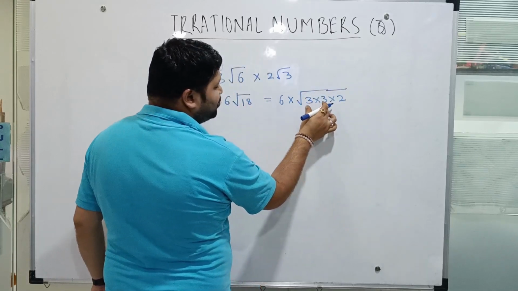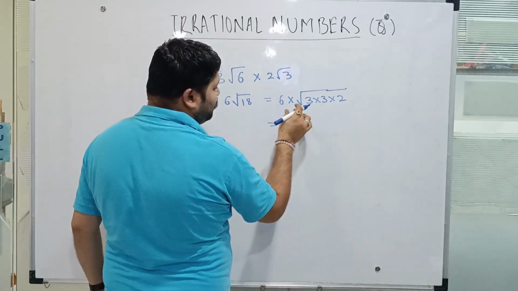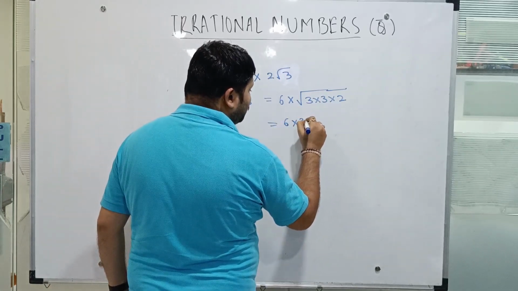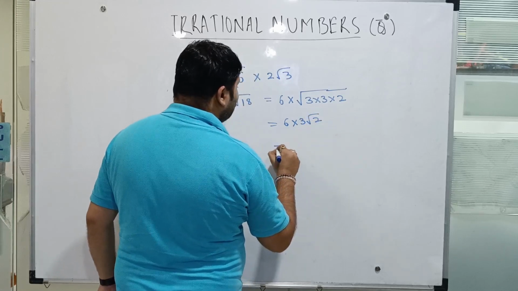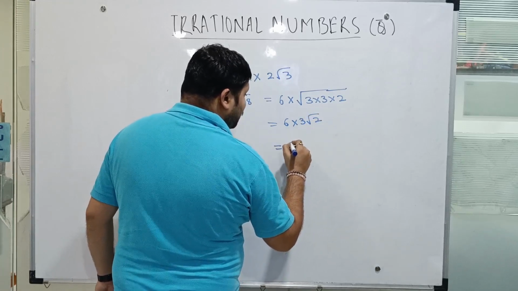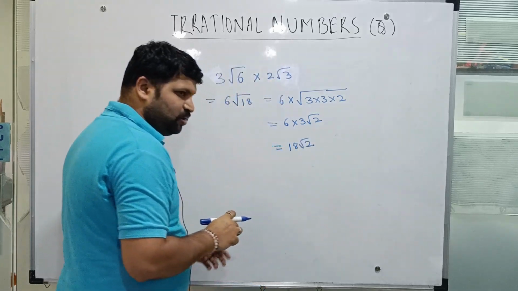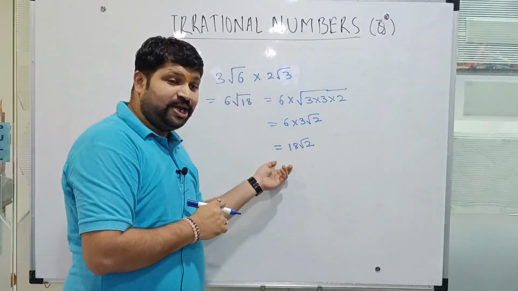So here I have a 3 square, so I can take that 3 square outside the root sign, which would give me 3. So it would be 6 multiplied by 3 root 2, giving me my final answer as 18 root 2. So it's a very crucial thing that you keep in mind.